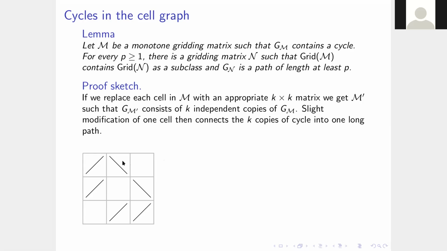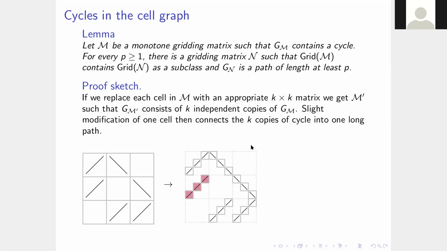So let's look at the picture down here. We start with a monotone grid class whose cell graph is a cycle, and we replace each cell with an appropriate 3x3 matrix. In generality, it would be k times k. So every increasing class we replace with a diagonal matrix of increasing classes, and every decreasing class we replace with an anti-diagonal matrix with decreasing classes.